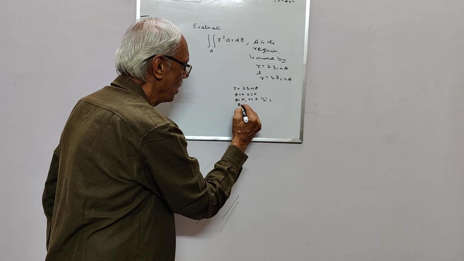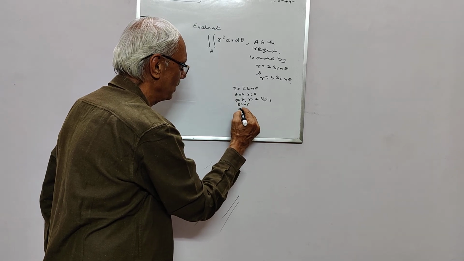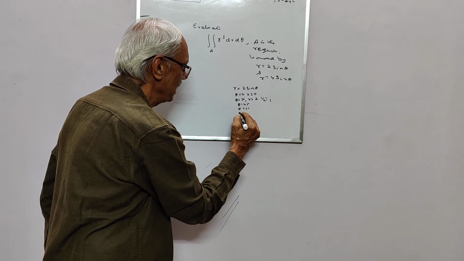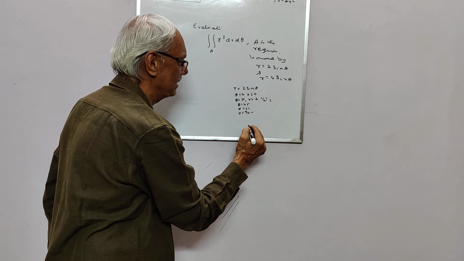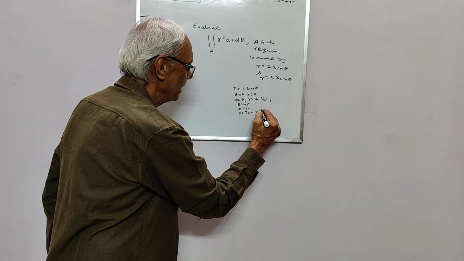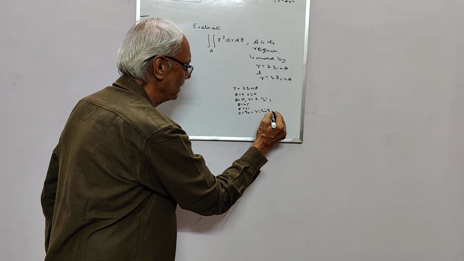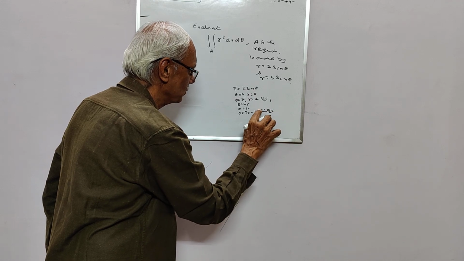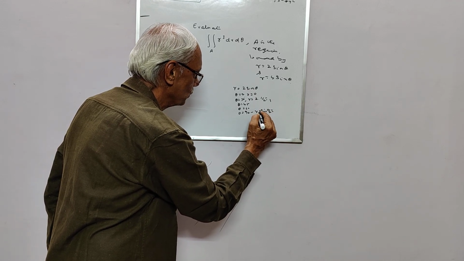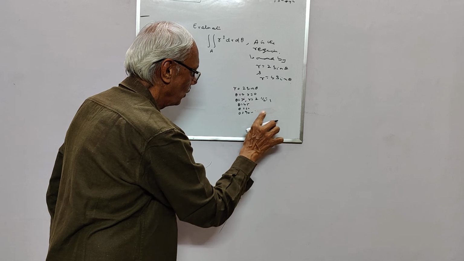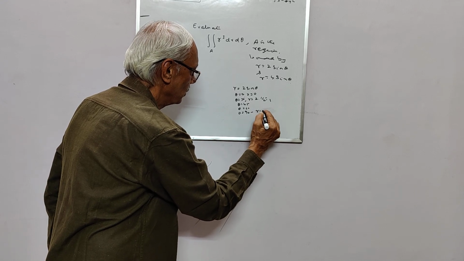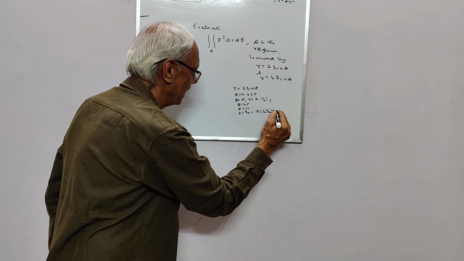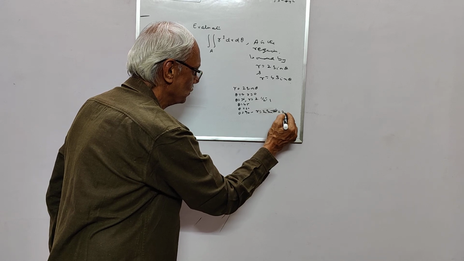Like that you can give theta is equal to 45, theta is equal to 60, and theta is equal to 90 degrees, for which sine of 90 degrees is 1, so r is equal to 2 sine 90, and that is equal to 2.